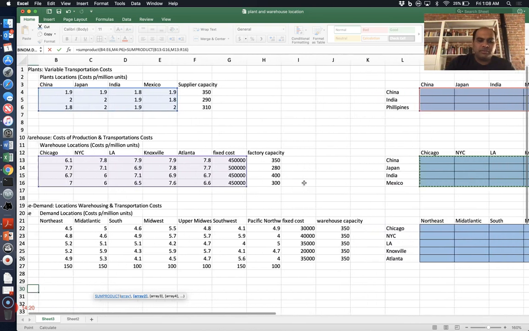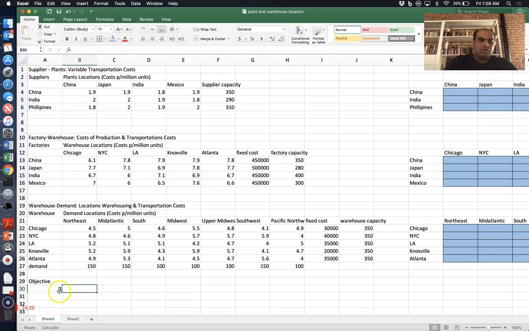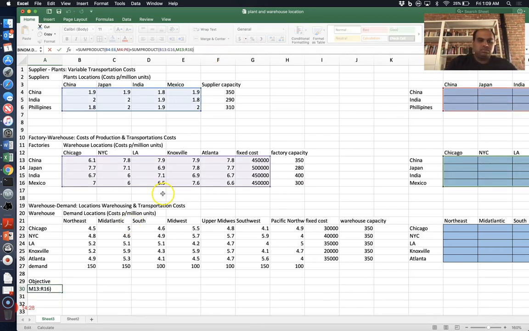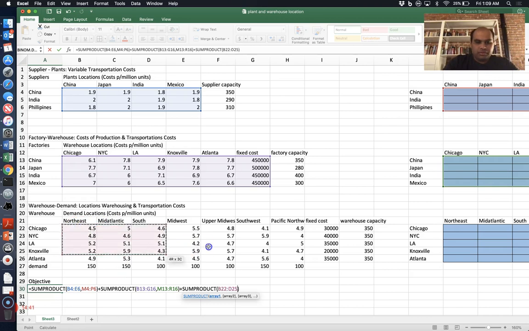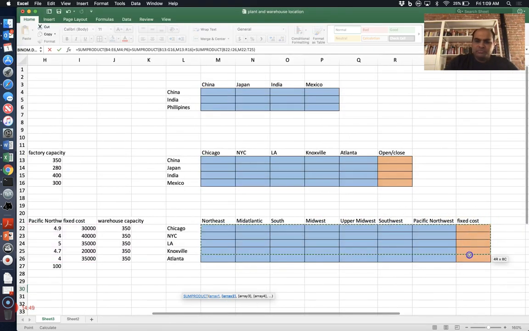So that's the second sum product function, plus the third sum product function for the third stage of the supply chain. So remember, we are designing most of the supply chain here. Third stage of the supply chain, the variable cost and the fixed cost values, comma, the corresponding decision variable.